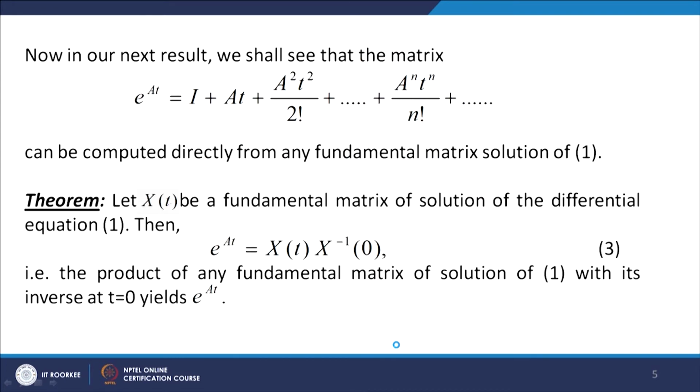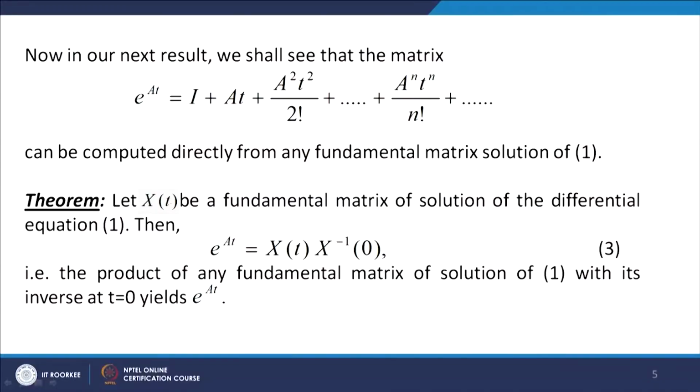Now, we have seen that e to the power At, where A is an n by n matrix, is given by the series I plus At, A squared t squared by 2 factorial, and so on, A to the power n, t to the power n by n factorial. e to the power At is not easy to compute from this expansion, but we will see in the theorem which we are going to state that it can be computed directly from any fundamental matrix solution of the vector differential equation x dot equal to Ax.